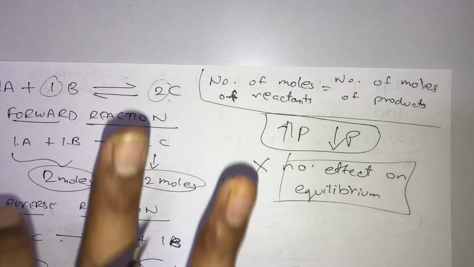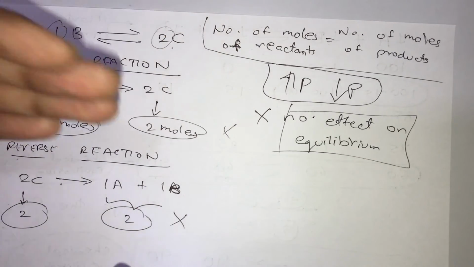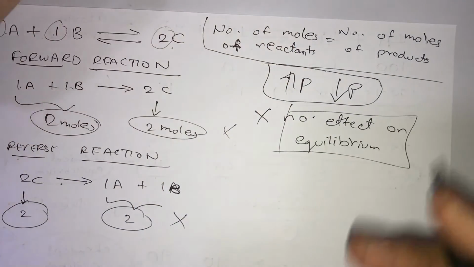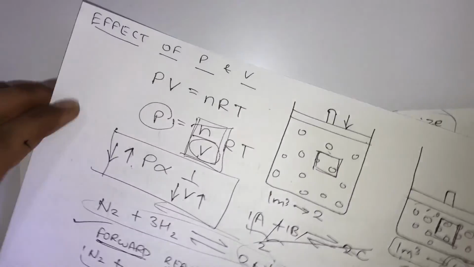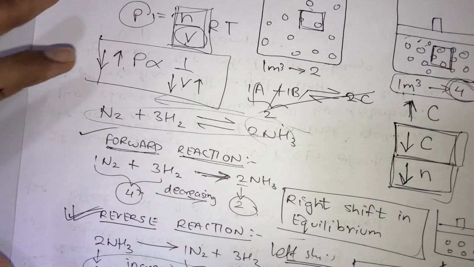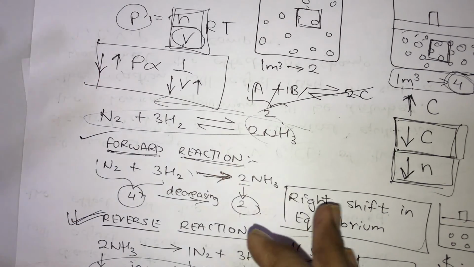And now let me tell you one thing, that whichever example we are going to consider where we change or increase the pressure, like here we had considered the reaction N2 plus 3H2 giving 2NH3. Here there are gases present, so you can only compress gases.